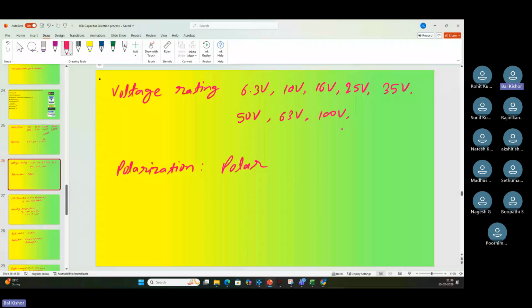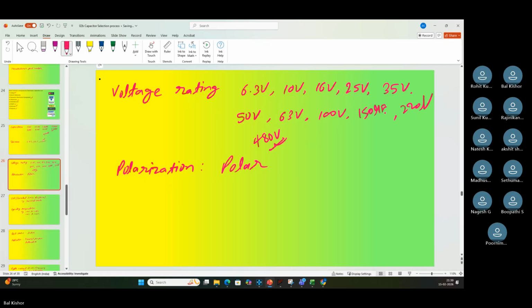You can go ahead with, let's say, up to 100 volt, or 150 volt, or 220 volt, or even 470, 480 volt or something. I'm not sure whether this is a standard value, but 330 volt will be there.